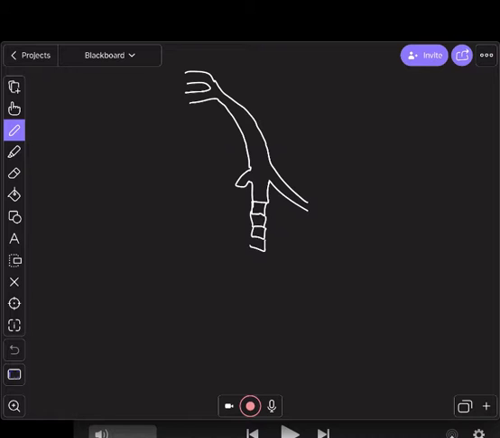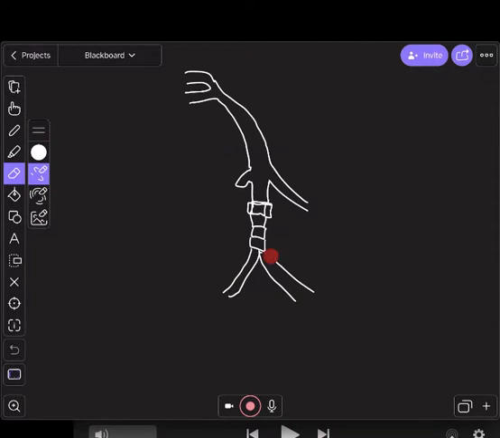We draw it like this. I might draw this a little bit chunkier. The tube splits off into 2, like so, and it gets ever so slightly smaller as it splits.